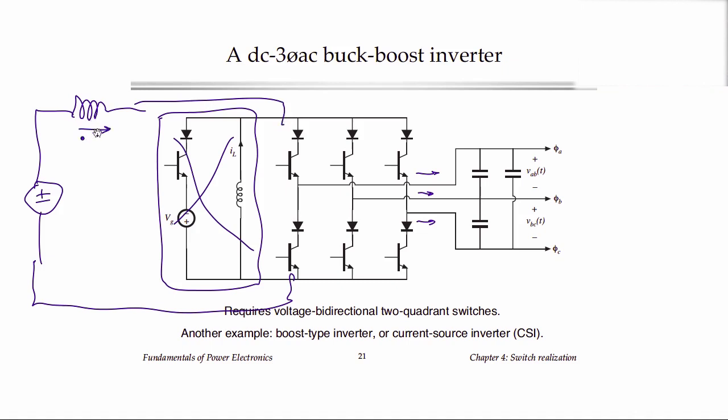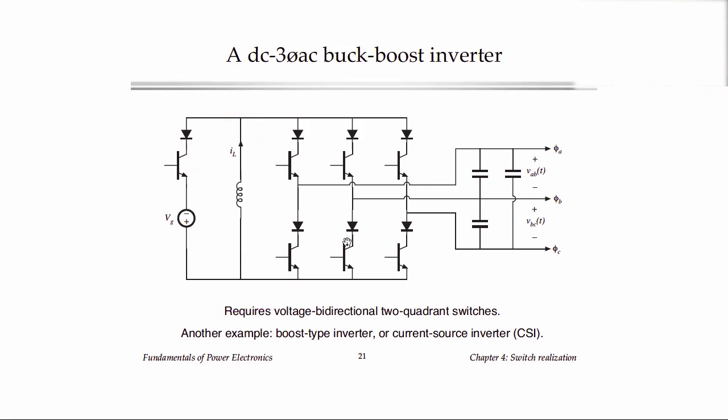This inductor has a current with small ripple, and that current is again switched to the different three-phase outputs to synthesize output sinusoidal current waveforms. So that's based on the boost, and it's called the current source inverter. It's a well-known inverter circuit, and it requires these voltage bidirectional switches as well.